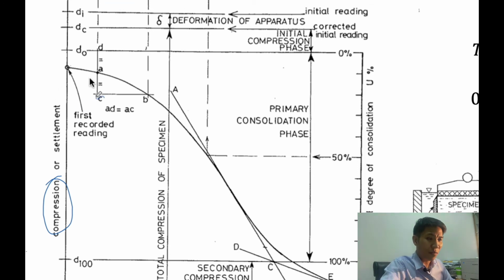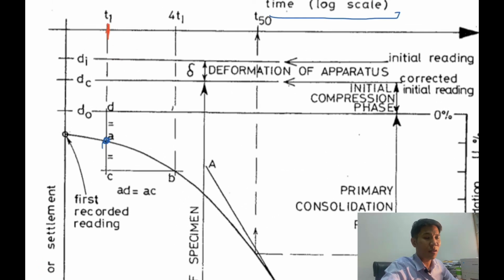Firstly, you select point A. Point A is the time number 1, T1. You multiply T1 by 4, and it becomes point B. For example, if T1 equals 1 hour, you multiply by 4 to get 4 hours.